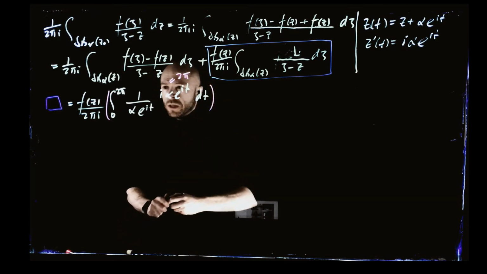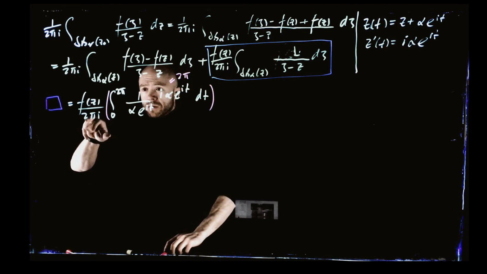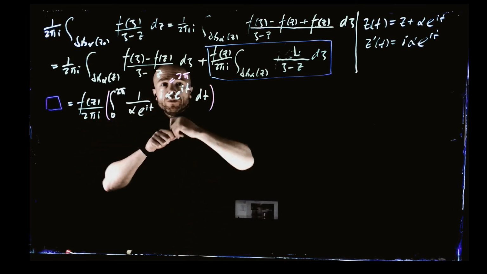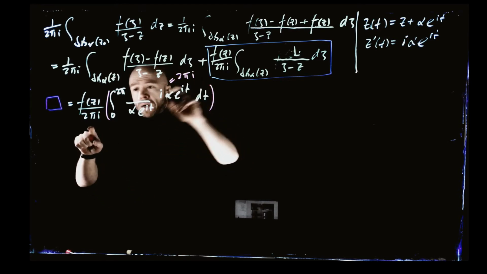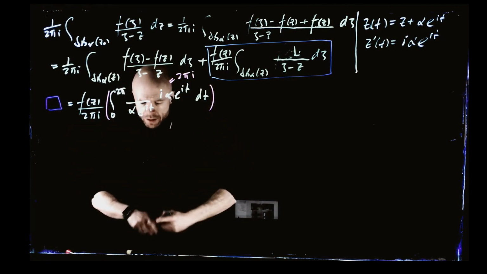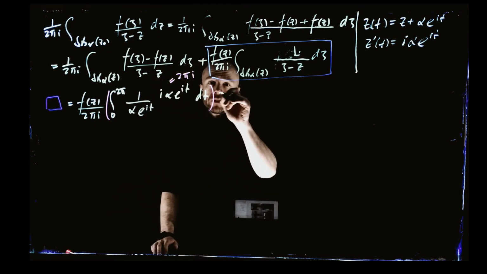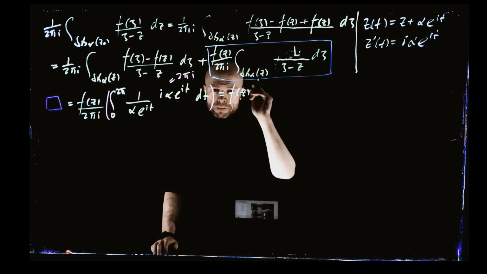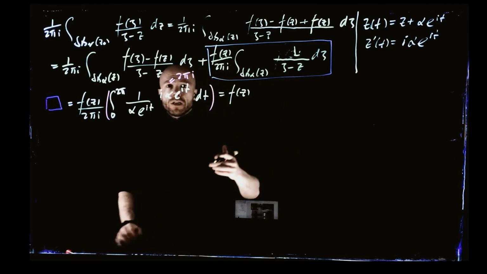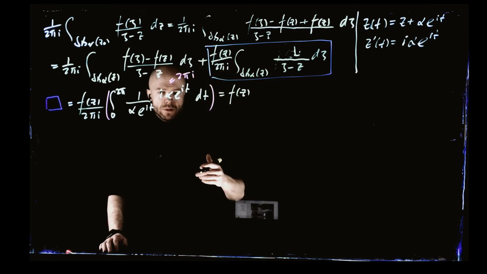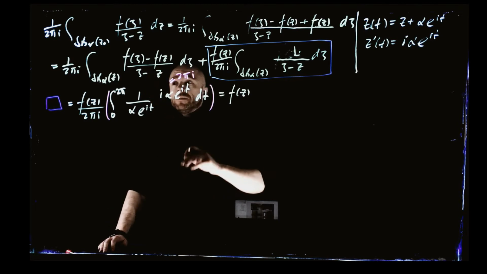And that's going to cancel with this 2 pi over here. Oh, not quite 2 pi, it's 2 pi i, because this i remains. Yeah? So this 2 pi i is going to cancel with this 2 pi i underneath here, and then this thing just does indeed give us f of z. Yeah? So the stuff in the blue box is actually the stuff that we want. Stuff that we want. Yeah?